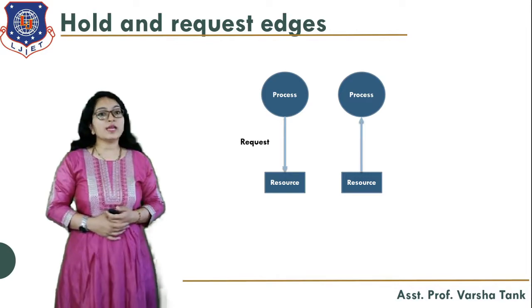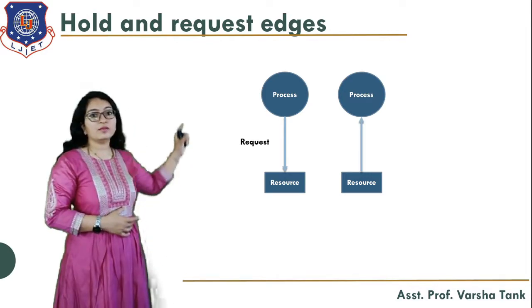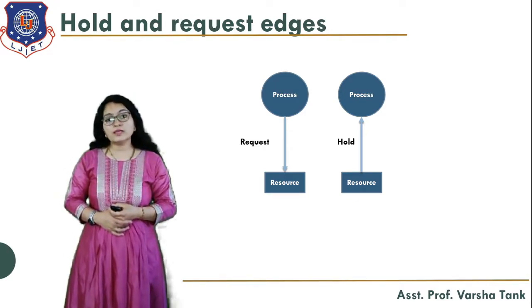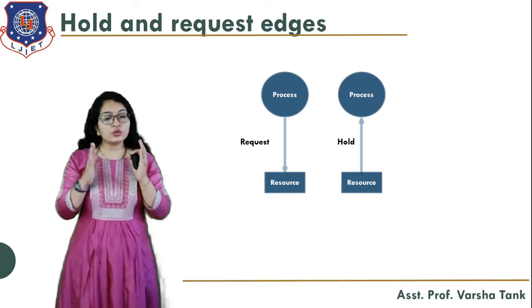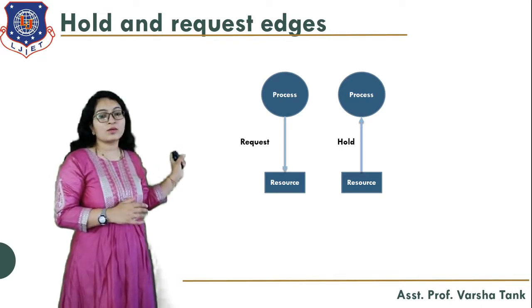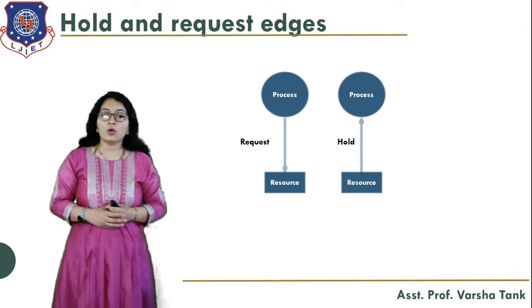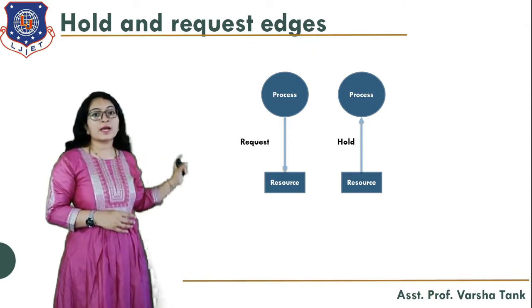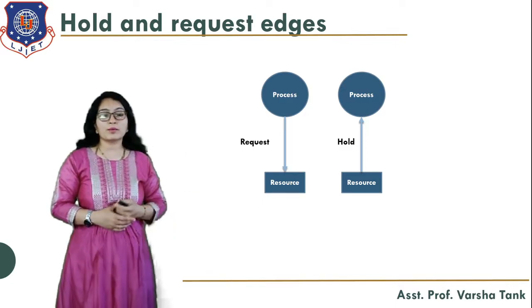And if the edge is denoted from the resource to process, then this edge is known as a hold edge. So you should be clear about these edges: request means process to resource, and hold means resource to process.